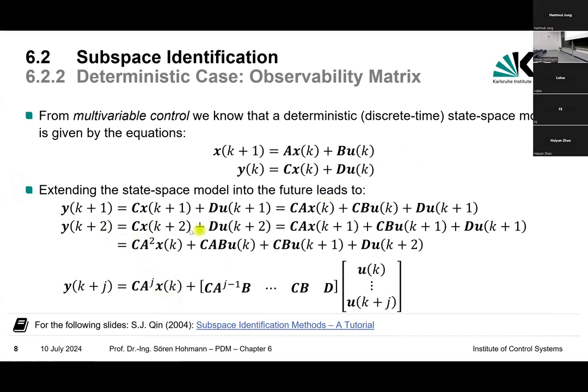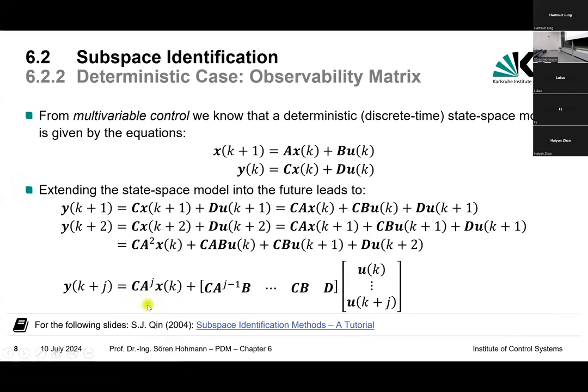Next step, the very same, I can use this one, CAx(k+1), etc., and I end up with this one. You see the structure already here.